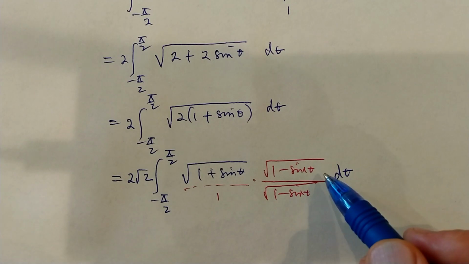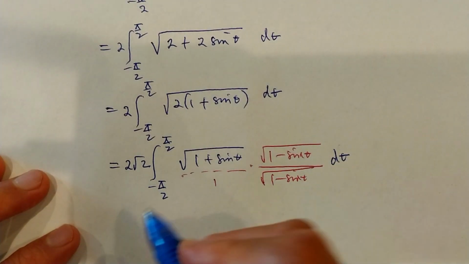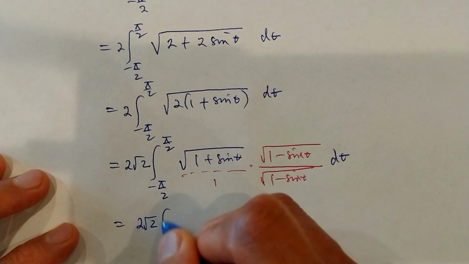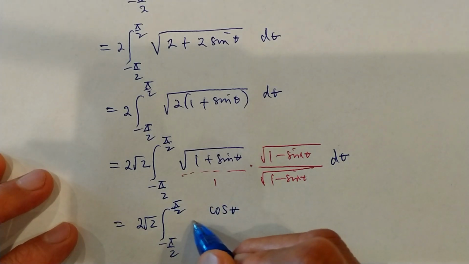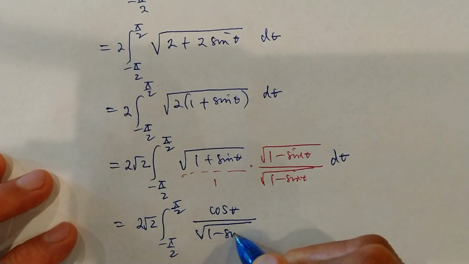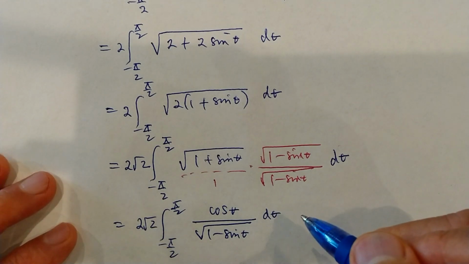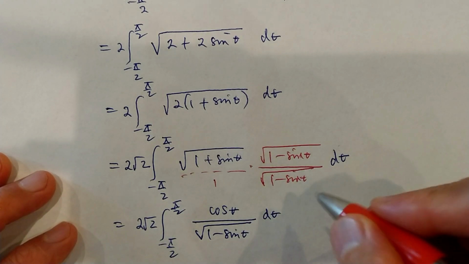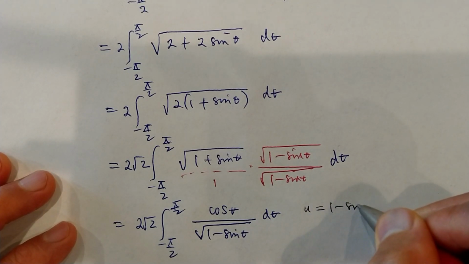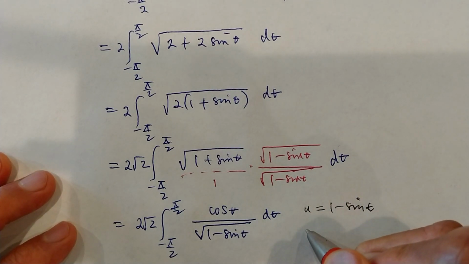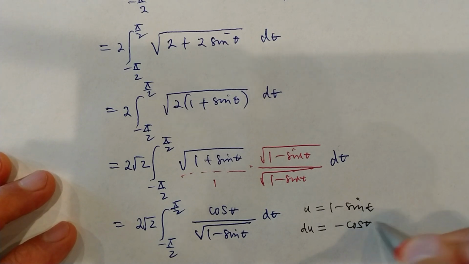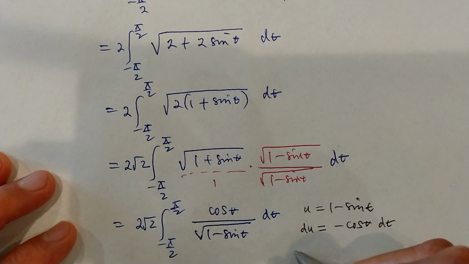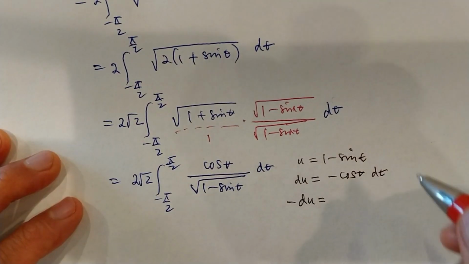The square root of cosine squared theta is simply cosine theta, while the denominator is the same, 1 minus sine theta d theta. So now I can use u substitution. If u is equal to 1 minus sine theta, then the derivative of u with respect to theta is negative cosine theta d theta. So solving for du, negative du is equal to negative cosine theta d theta.